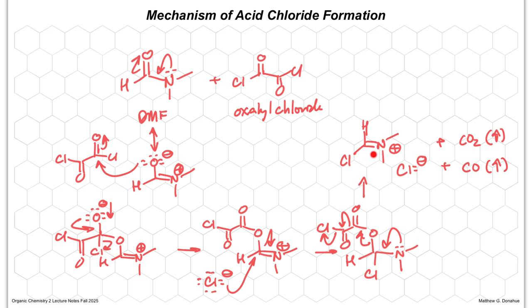So this iminium ion balanced by the chlorine is the intermediate that reacts with the acid. CO2 and CO are bubbled off.